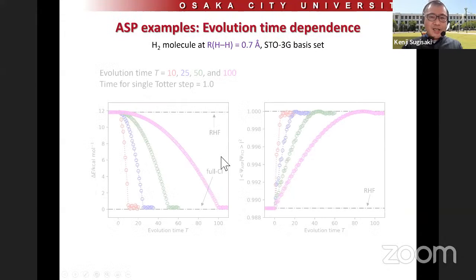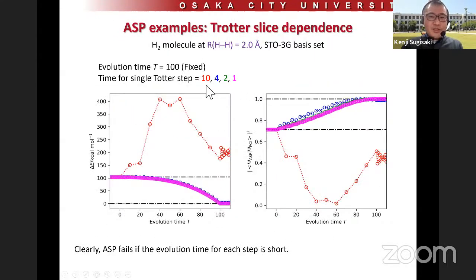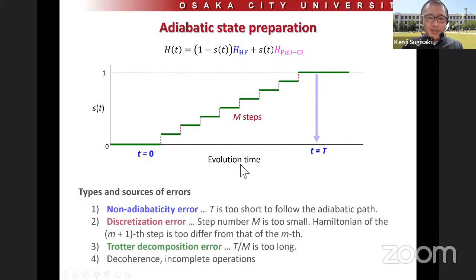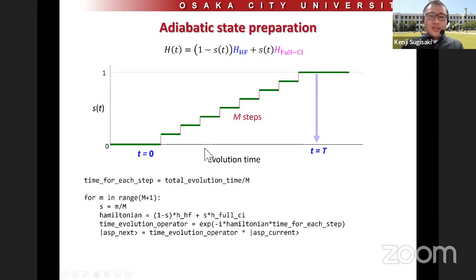In this case, if we set the time for the single Trotter step t to be 10, the instantaneous Hamiltonian at, let's say small m, let's think of this small m. The instantaneous Hamiltonian with small m equal, for example, 3, is very different from the instantaneous Hamiltonian with m equal 2.